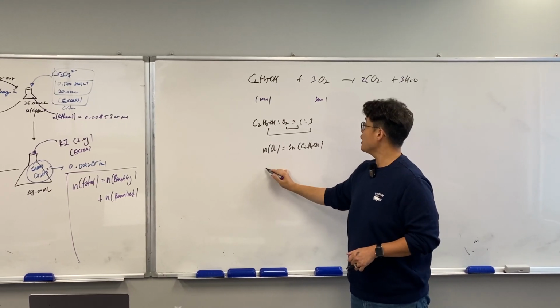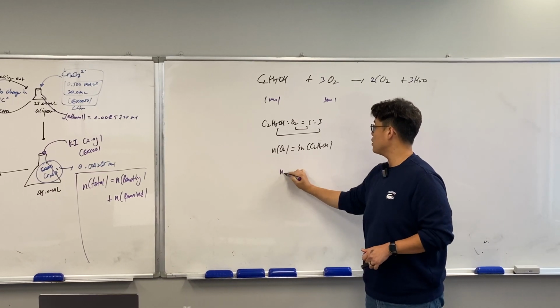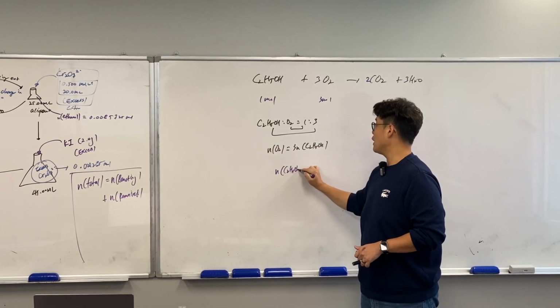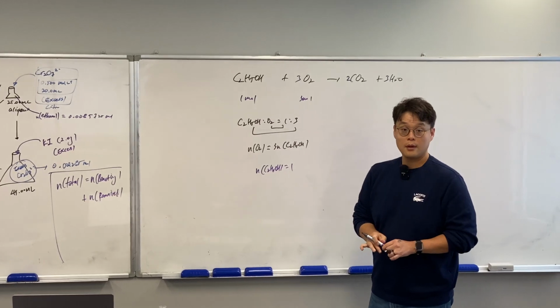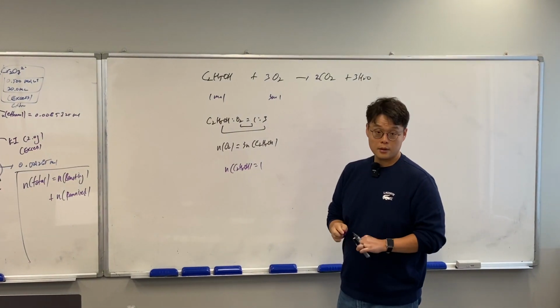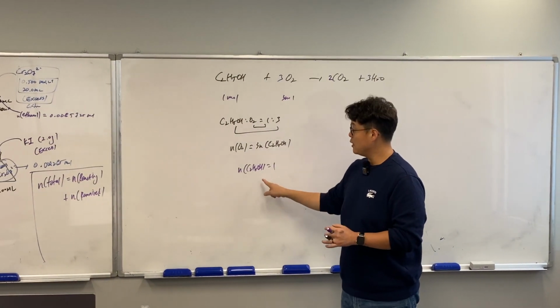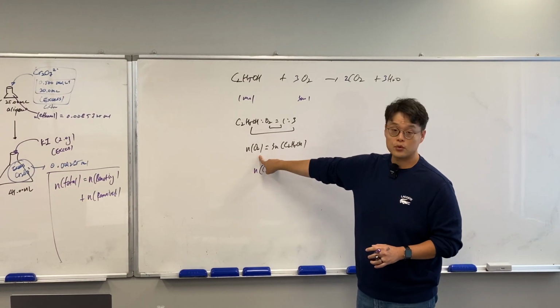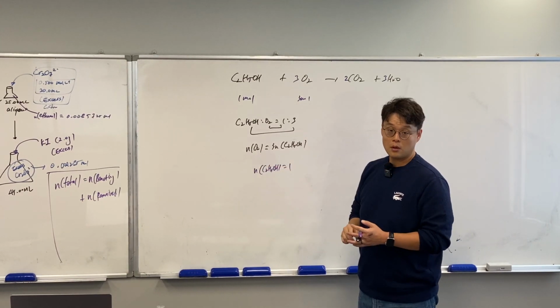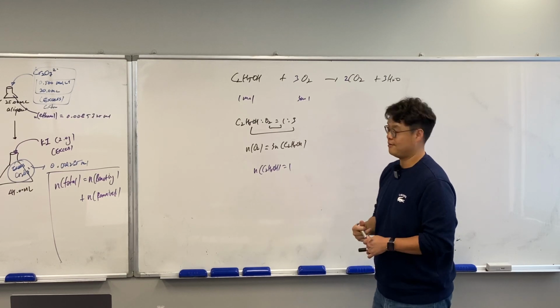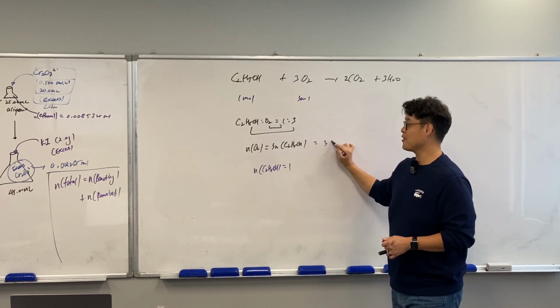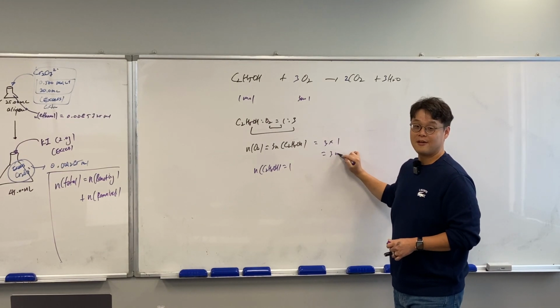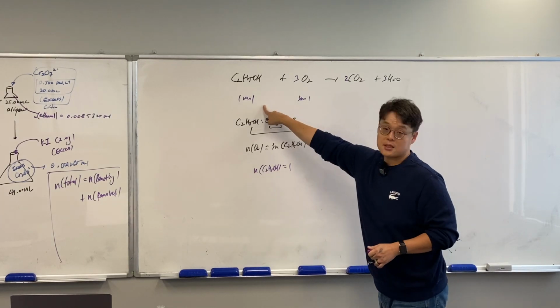So can we say n of O2, if I have n of the C2H5OH, let's say it's 1? Yep, we have 1 mole of that. Just solve it mathematically. Substitute the value here. What do you get for the n of O2? 3. Yeah, thank you.